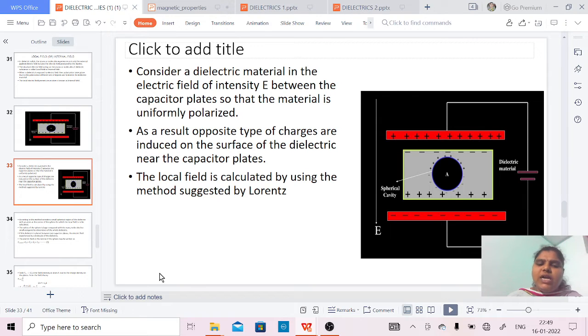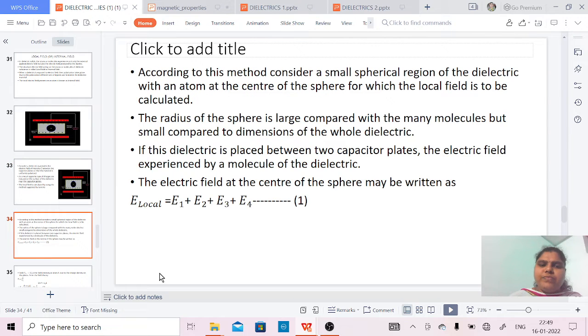The local field is calculated by using the method suggested by Lorentz. Hence this is also known as Lorentz field. According to this method, consider a small spherical region of the dielectric with an atom at the center of the sphere, for which the local field is to be calculated.